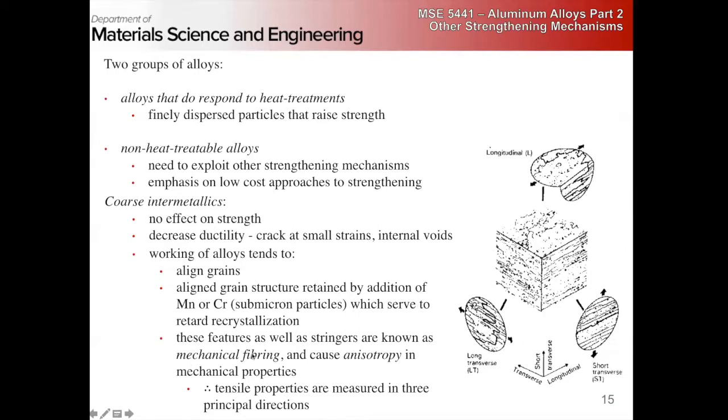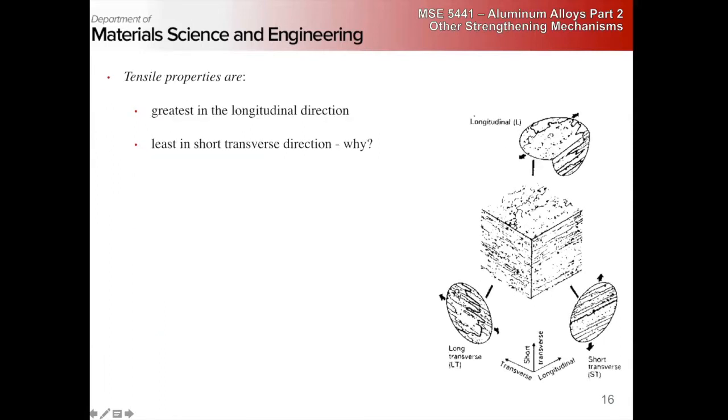Sometimes called mechanical fibering, they cause a big anisotropy in mechanical properties, right? So if we think about it, we have this longitudinal direction. Imagine we're pulling parallel to these stringers. That's going to give us our greatest strength.